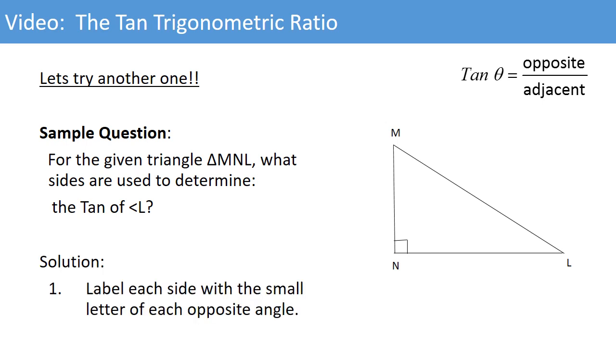The solution. Label each side with the small letter of each opposite angle. We will label side l. We will label side m. And we will label side n.